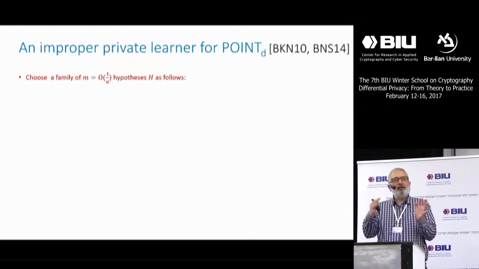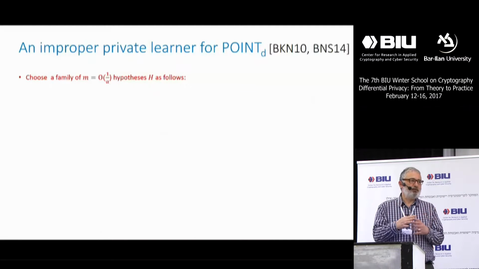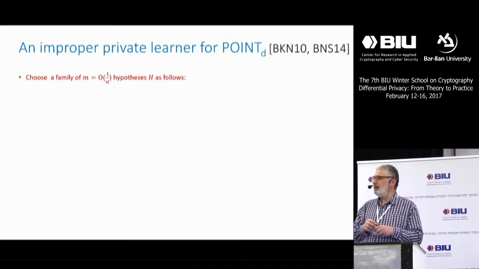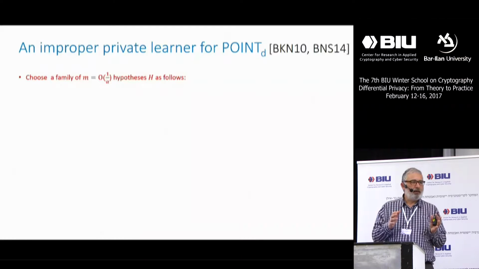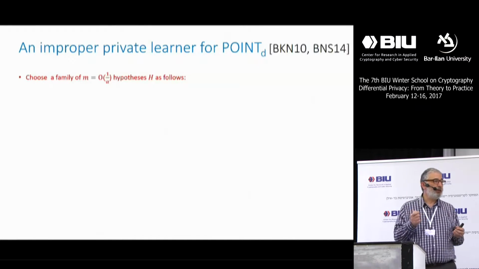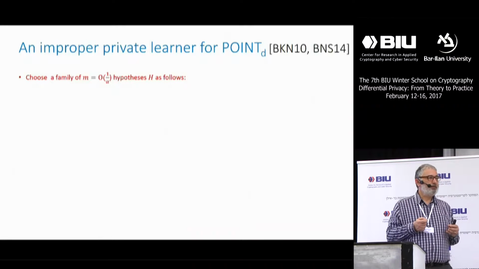So maybe we can try to squeeze our concept class and get a concept class that is much smaller. And then when we apply the exponential mechanism, we won't have to pay so much in sample complexity.